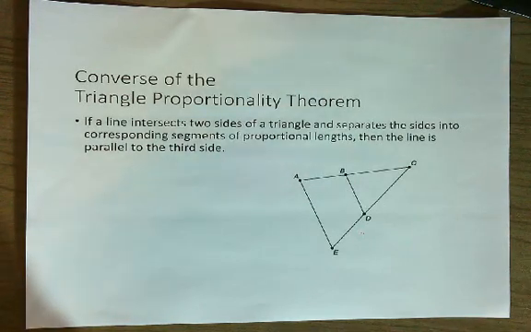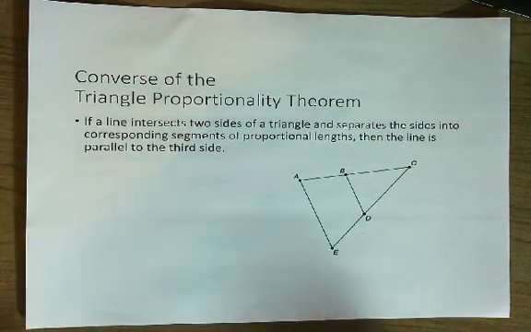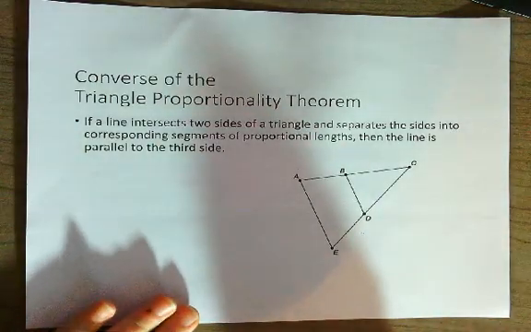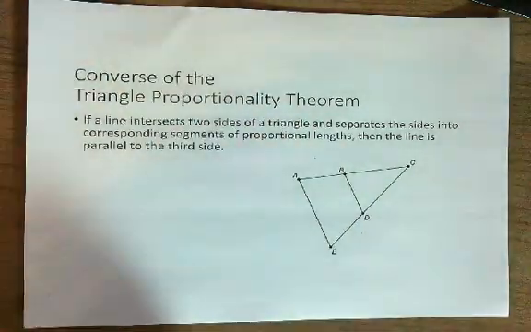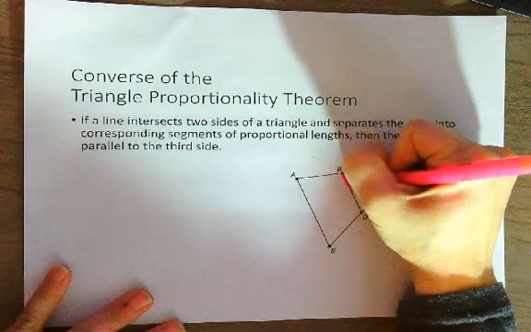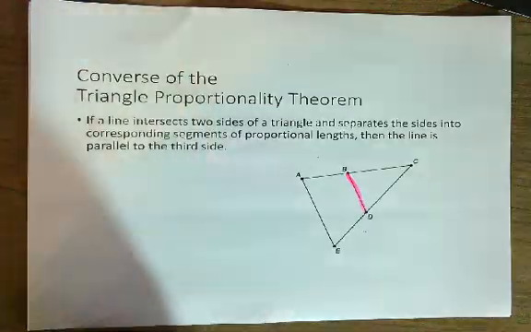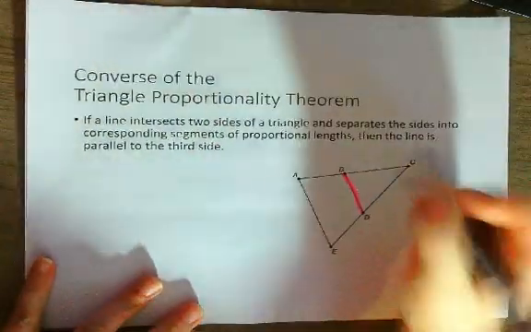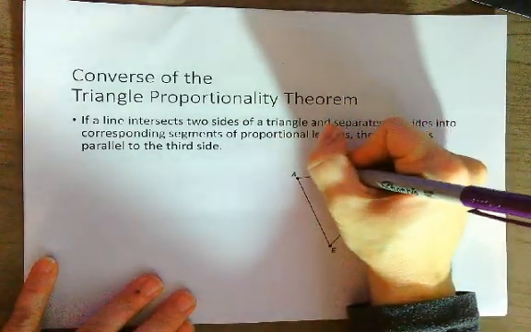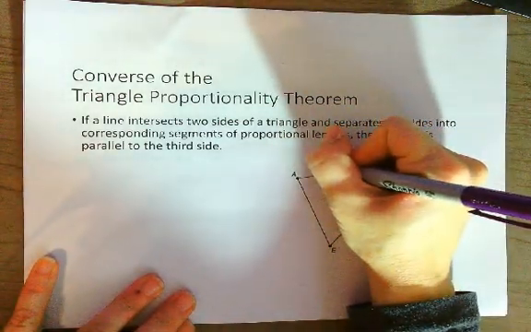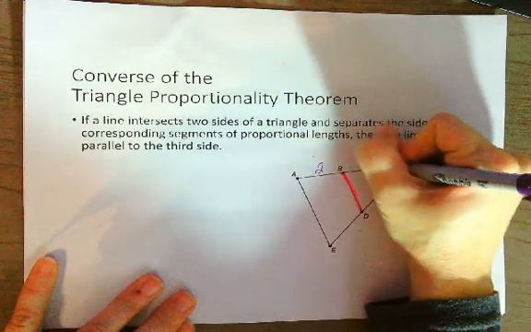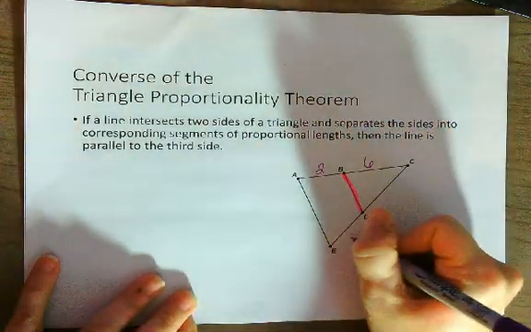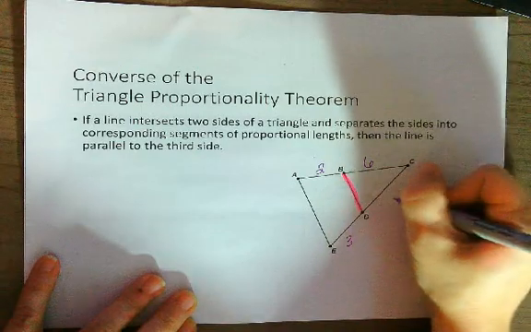sides into corresponding segments of proportional length, then the line is parallel to the third side. What they're saying here is if we have a line, say BD, and BD divides up this triangle so that again we have proportional sides. So let's say this time it's 2 and 6 and 3 and 9.